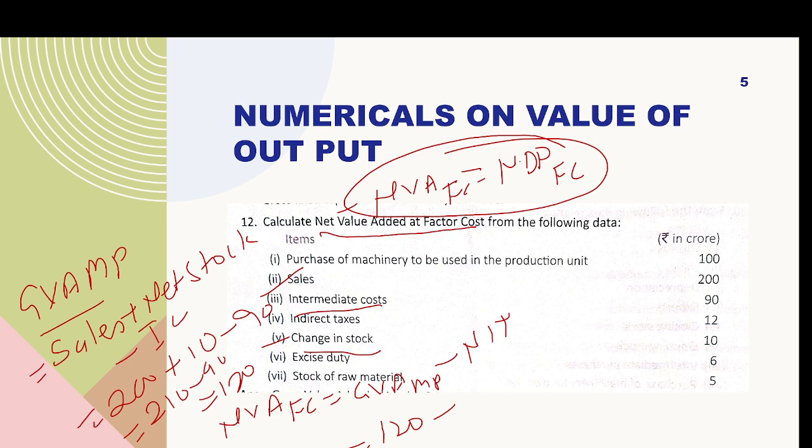MP minus NIT, where NIT is indirect tax minus subsidy. Then 120 minus 12. I think subsidy is not given in the question.